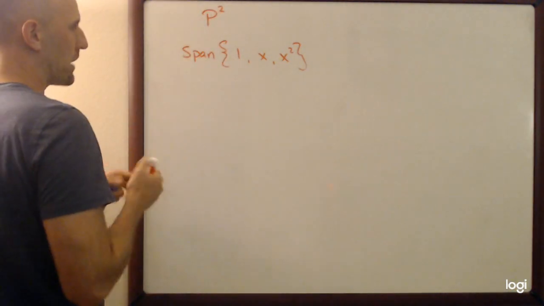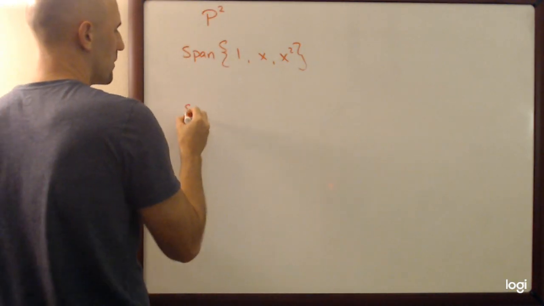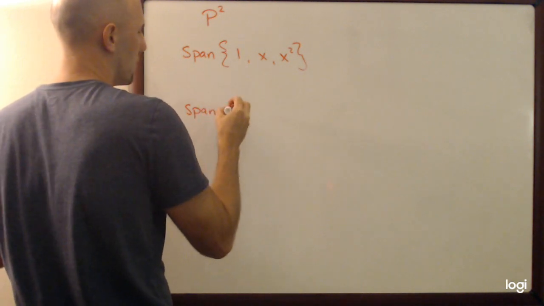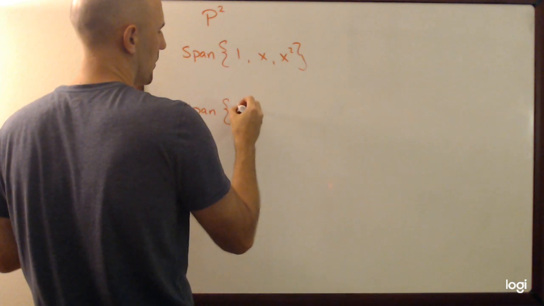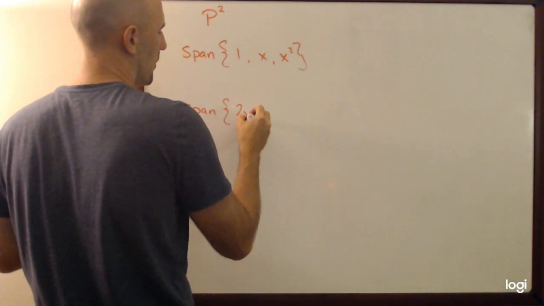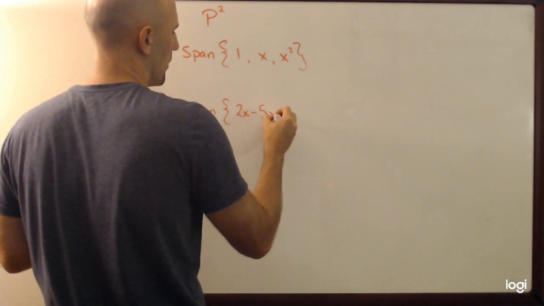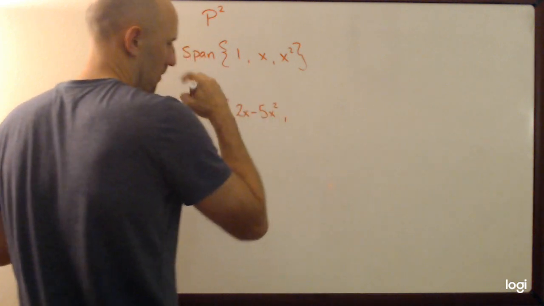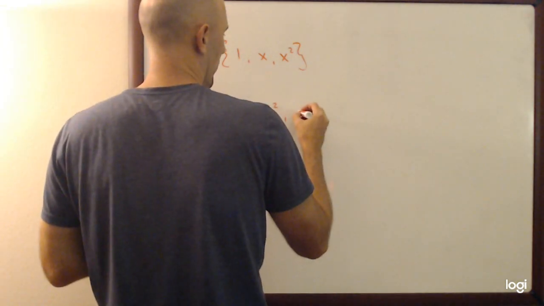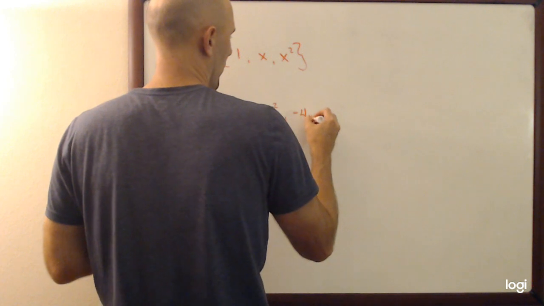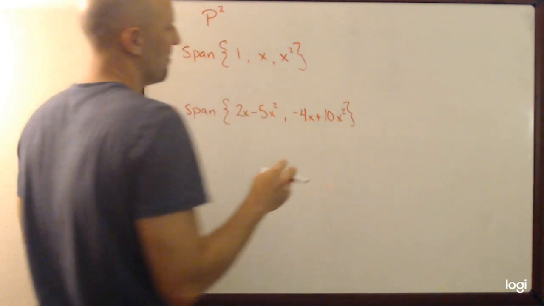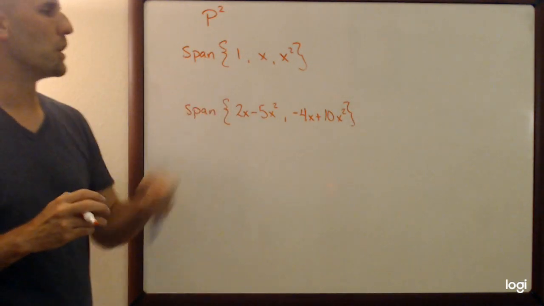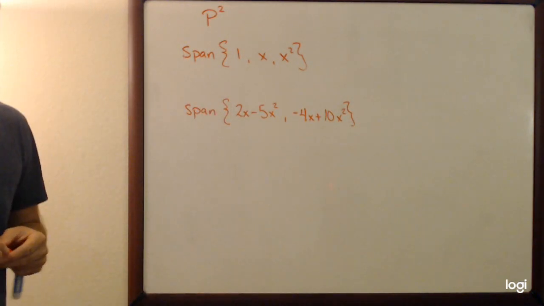these two vectors, these are also vectors in P2, right?